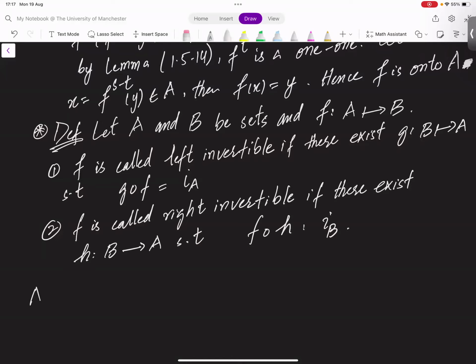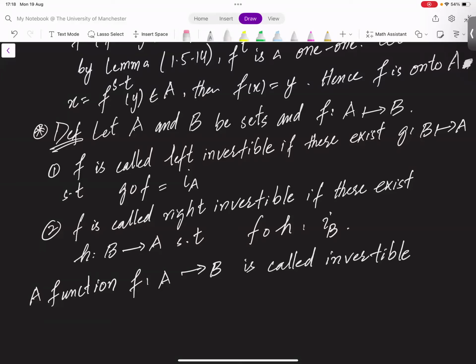In general, a function f from A into B is called invertible if f is both left and right invertible.